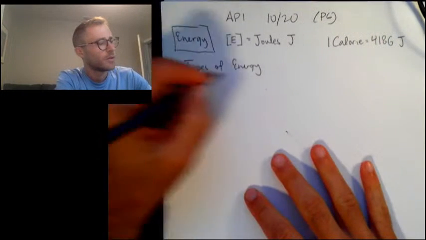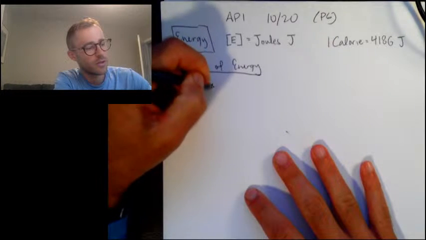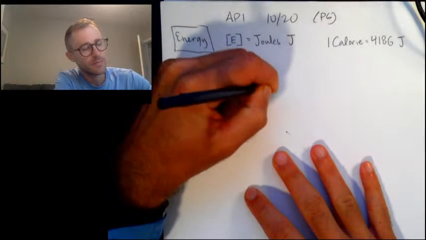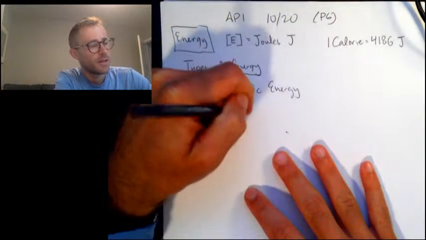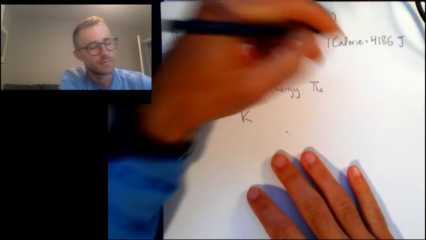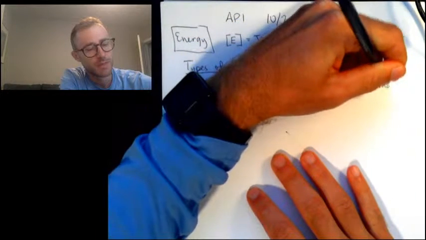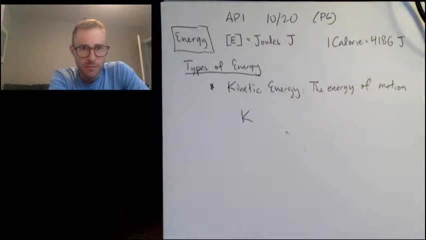So the first type of energy that we're going to discuss today is called kinetic energy, which is denoted by K. And kinetic energy is the energy of motion. So this is the most common form of energy. In order to have kinetic energy, you have to be moving.